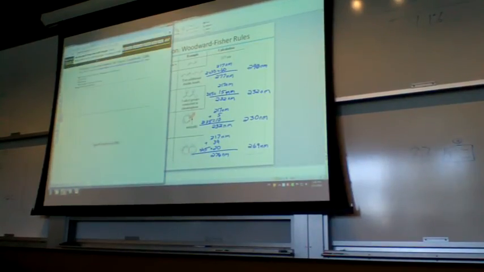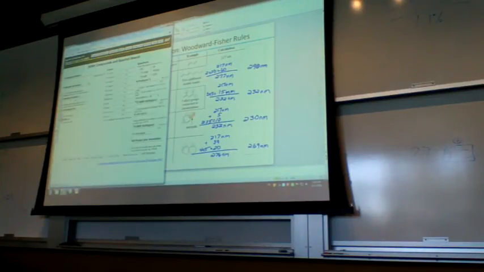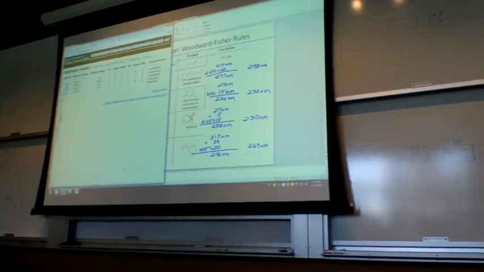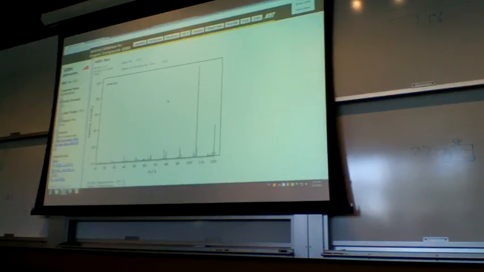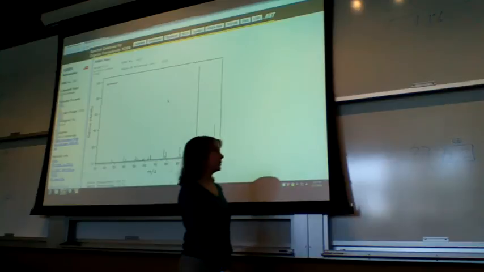I don't have an example of one, but I'll put one up here. So if we look at this, it's ethyl toluene. So we have a toluene with an ethyl group off of it.